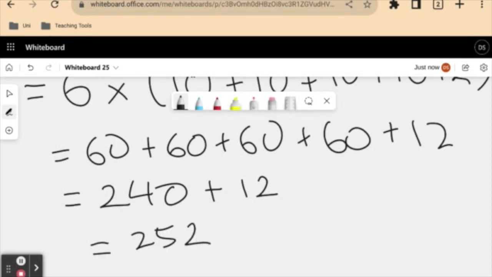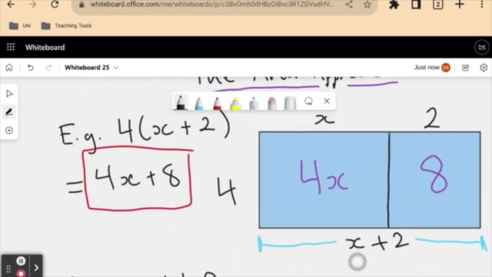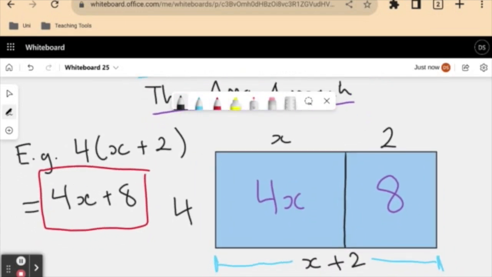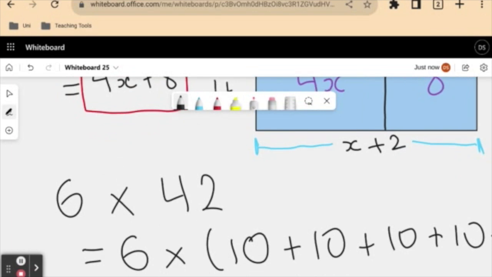This extra bit was included just to show you that although this looks weird and new to us because there's algebra, we actually have come across it before when we try to multiply larger numbers. We can break these up into smaller ones and just add them.